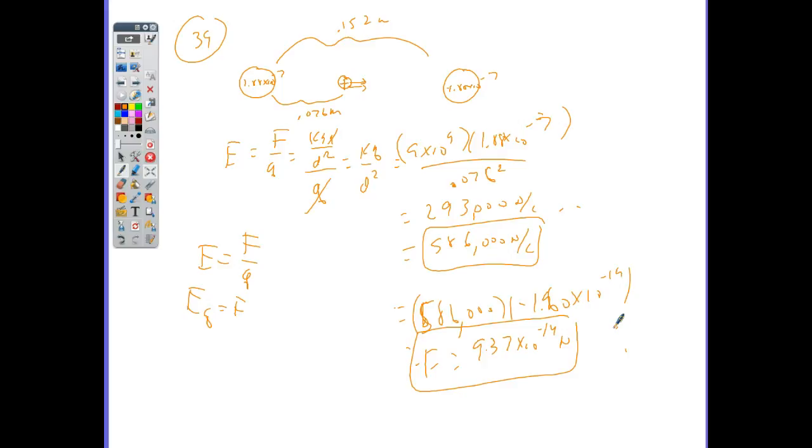Towards the positive charge. The electron would have that much force towards the positive charge, whichever side that's on.